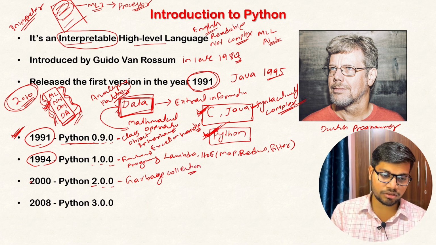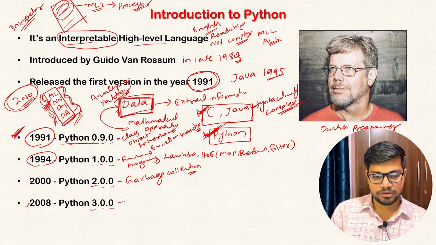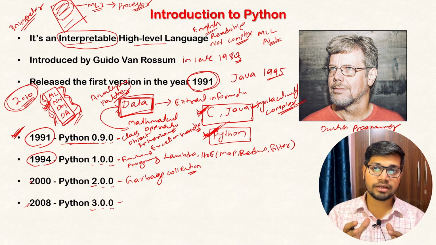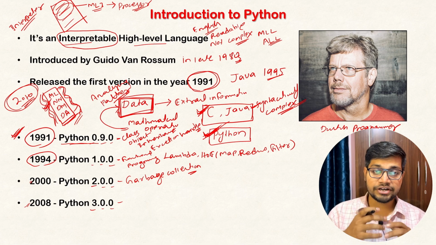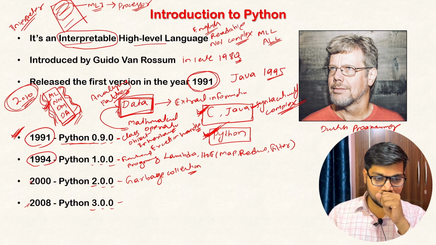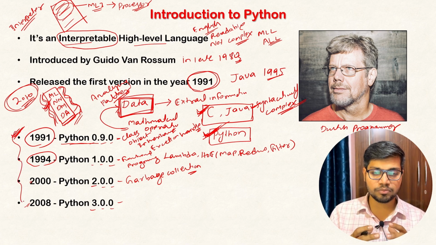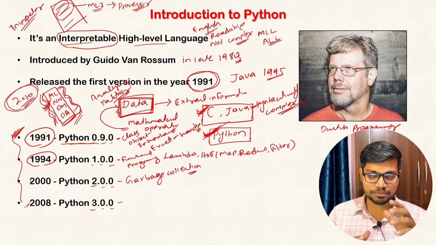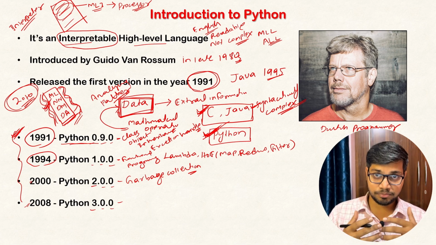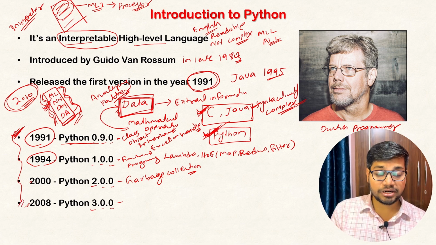After that in 2008 they released a major version, that is 3.0.0. In that version they included various functionalities and also removed various redundant functions from the previous versions. They are continuously improving Python for better efficiency and better readability.